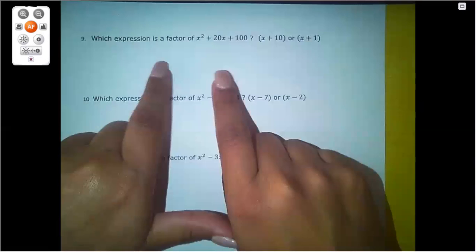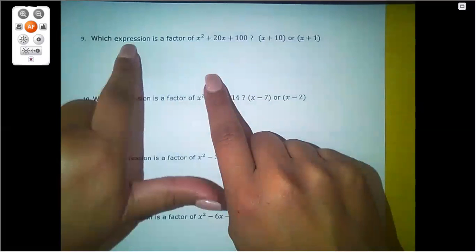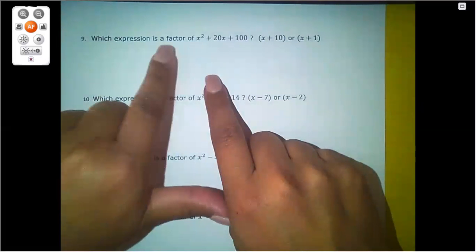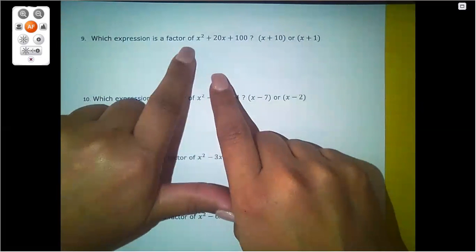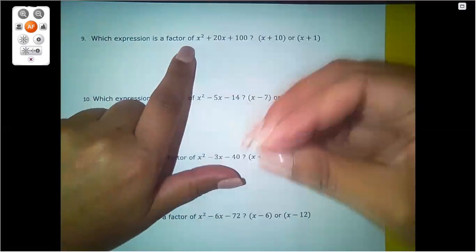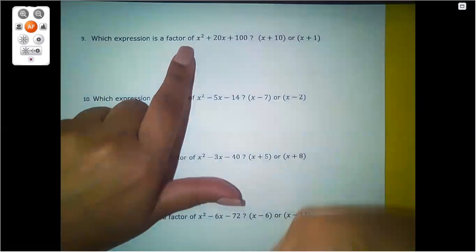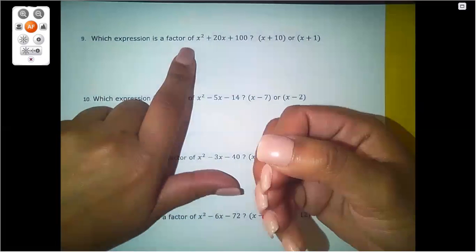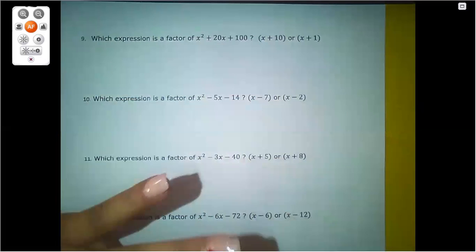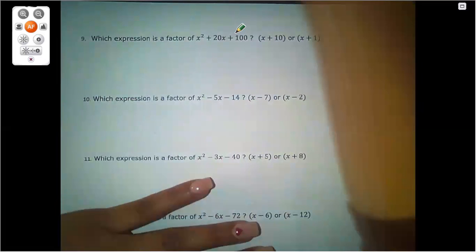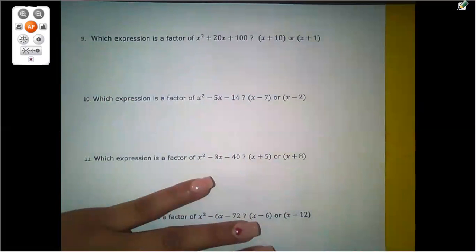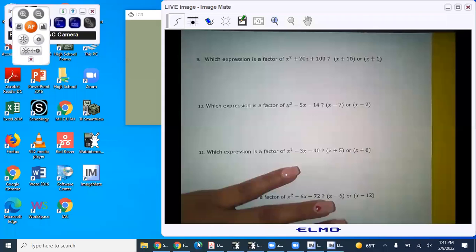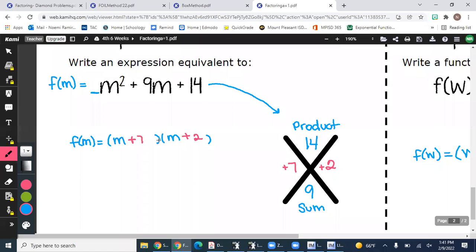It says the question is, which expression is a factor? What does a factor mean? If I'm asking you for a piece of paper, I'm asking you for how many? One. Now, when we solve these, how many factors do we come up with? 2.